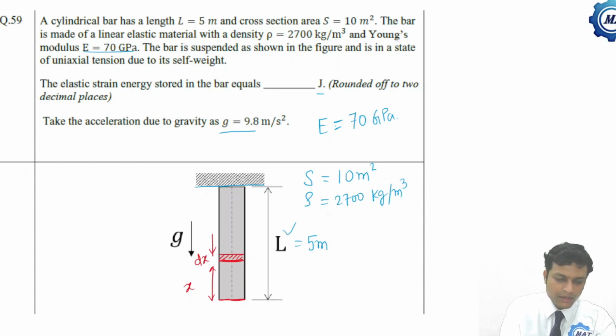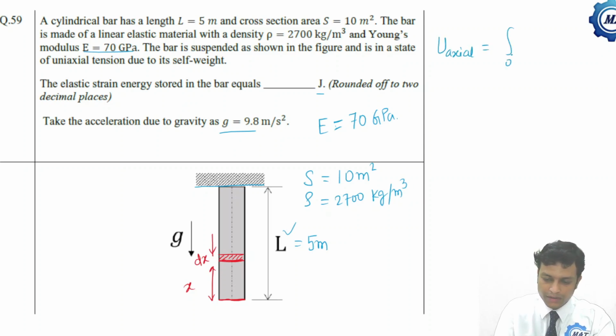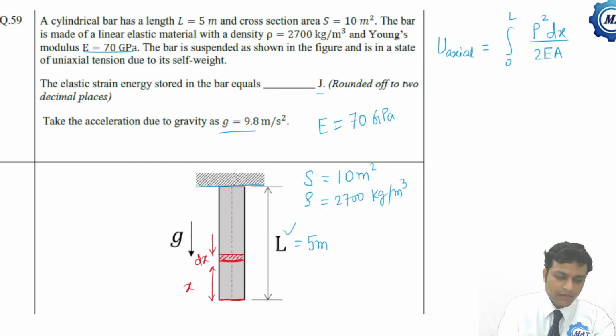And we know that the strain energy due to axial loading is integral 0 to L P square dx by 2EA. Now on this element, what is the load at any section? That is, at this section, the load of this green hatched part will act.